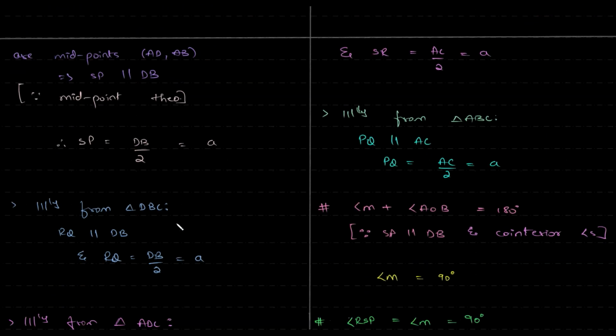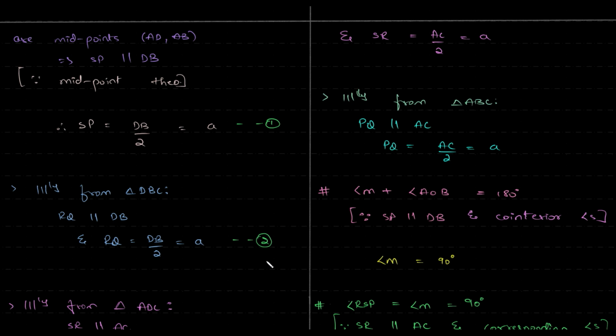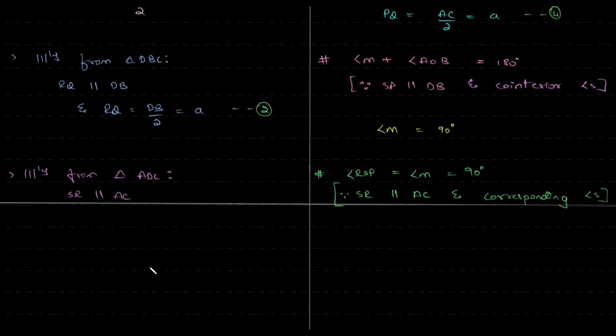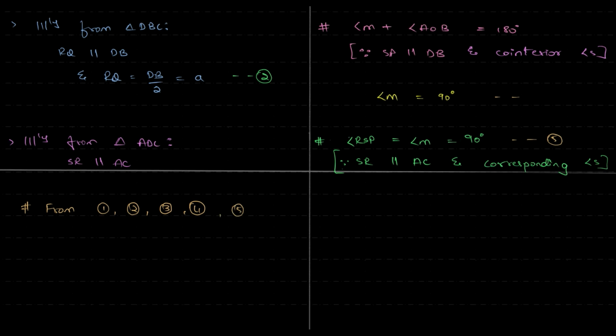So from quite a few things, starting from equation 1, equation 2, then we have 3 and 4, actually including this, from all of them, what can we tell? We have all the sides to be equal and one of the angles to be 90 degrees. So what can we imply? So from 1, 2, 3, 4, and yeah, we'll call this 5, can we tell?